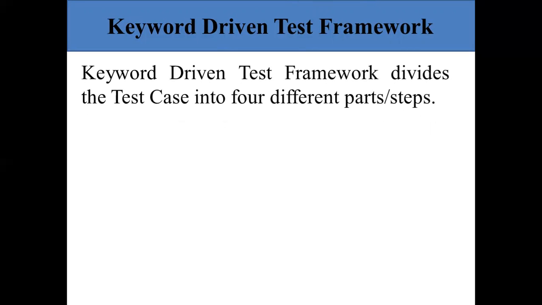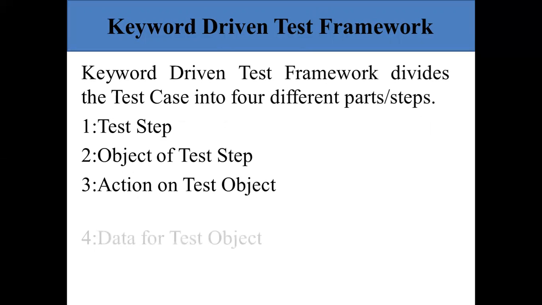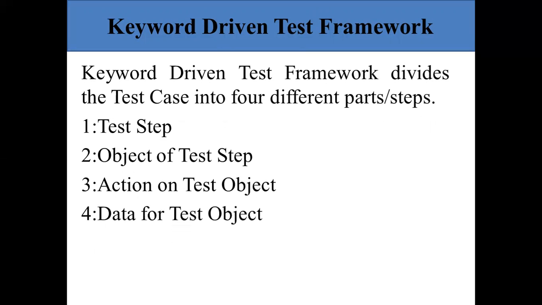The keyword driven test framework is a framework which can divide a test case into four parts, or we can say four steps. What are these four steps? First one is the test step, second one is the object of the test step, third one is the action on the test object, what action will be there, and fourth is the data for the test object. So this is the keyword driven test framework.